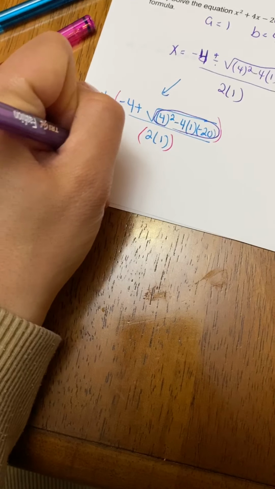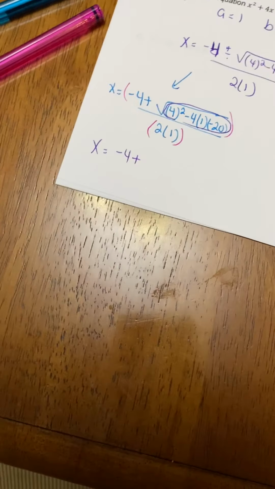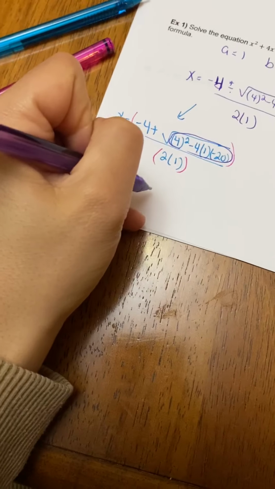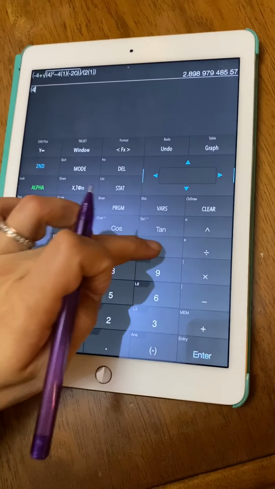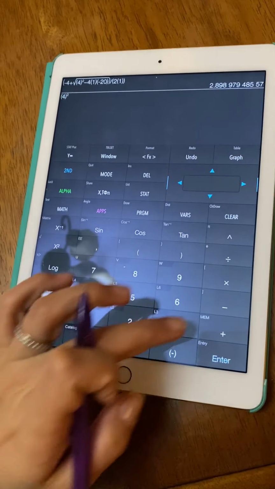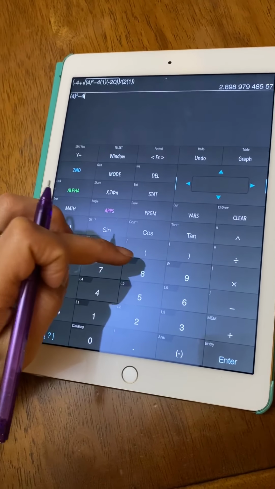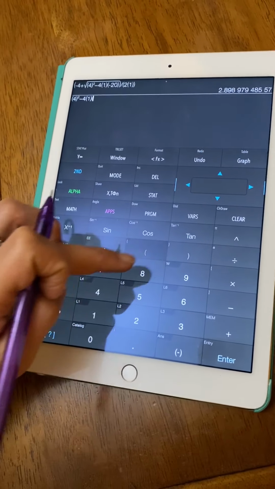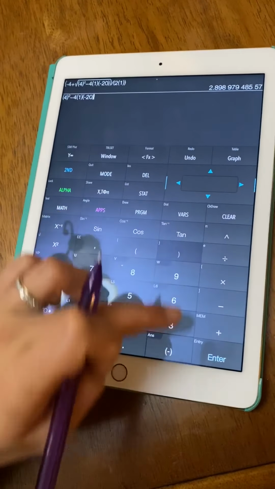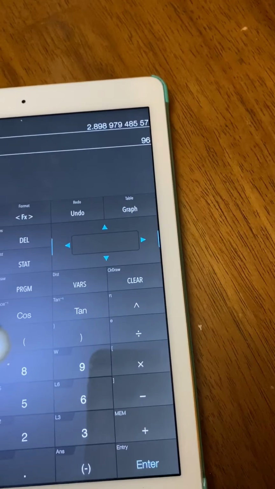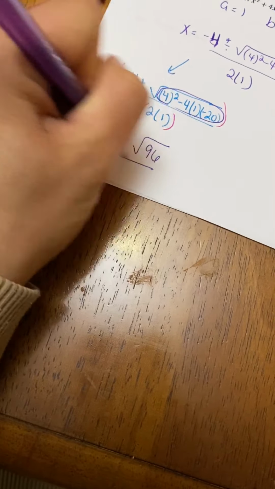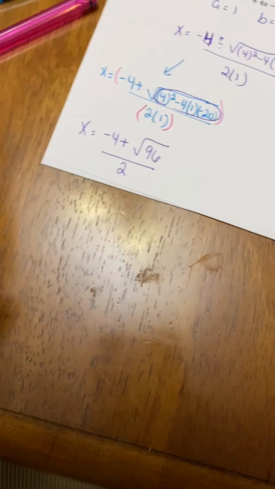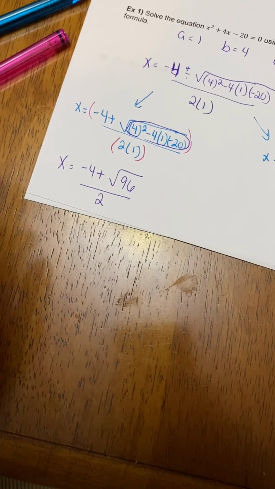So it's going to be x equals -4 plus, we're going to type in 4 squared minus 4 times 1 times -20. Okay, that 96 goes right underneath the radical. 2 times 1 is 2. And we're just going to leave the answer just like that.